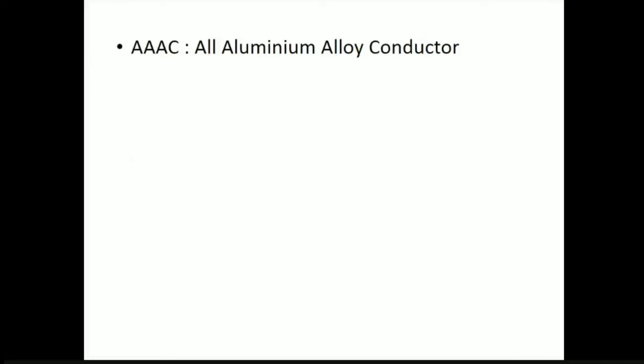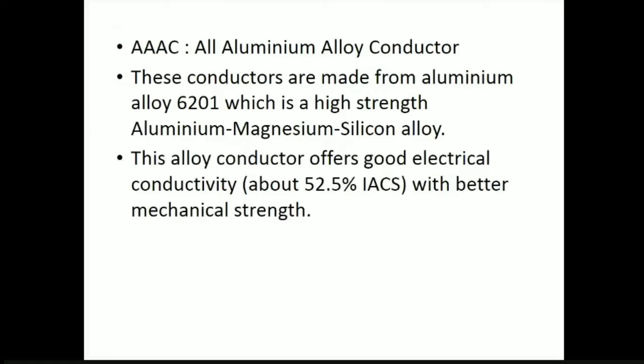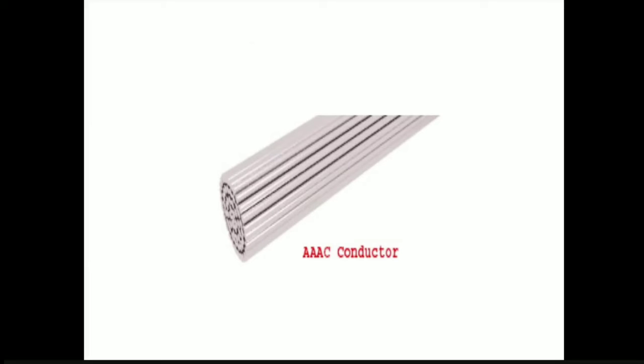AAAC, all aluminum alloy conductor. These conductors are made from aluminum alloy 6201, which is a high strength aluminum magnesium silicon alloy. This alloy conductor offers good electrical conductivity, about 52.5% of IACS, with better mechanical strength.